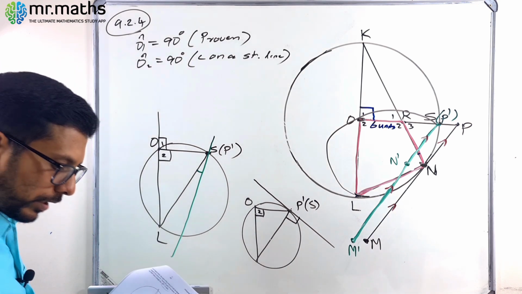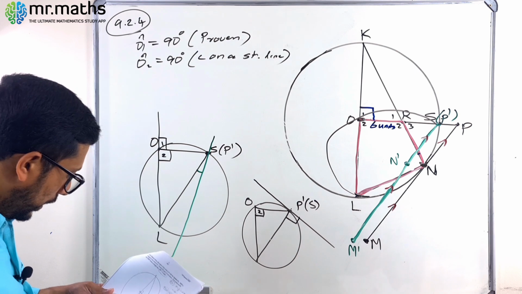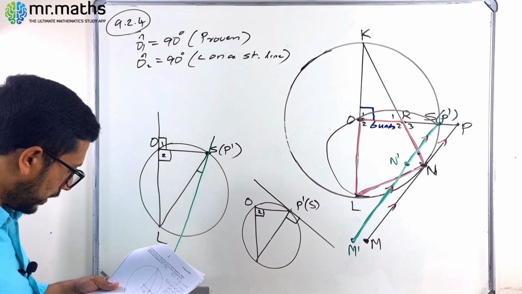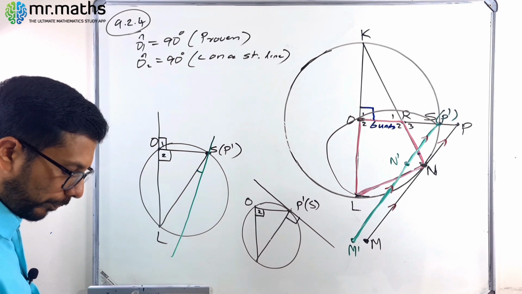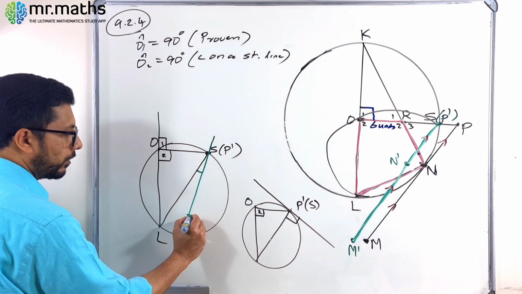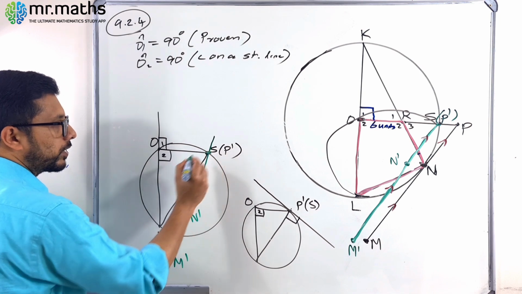Okay, so we have to write that one. For that we can write it like this. If M dash N dash P dash, okay, so this is M dash, N dash is somewhere here, and this point itself is P dash.